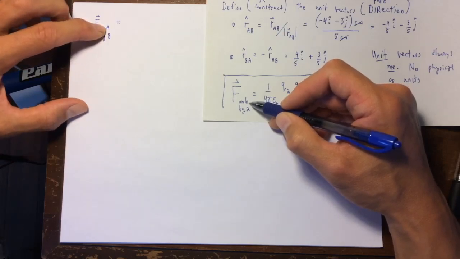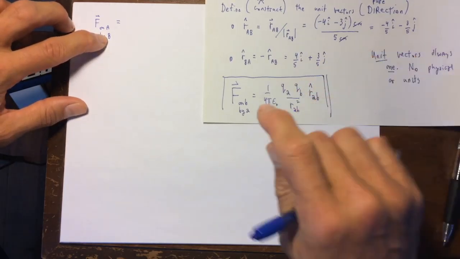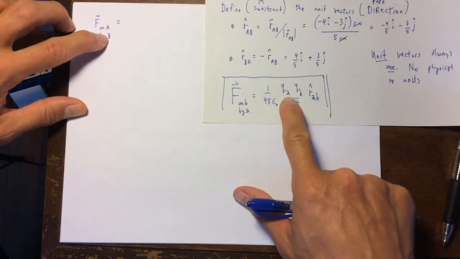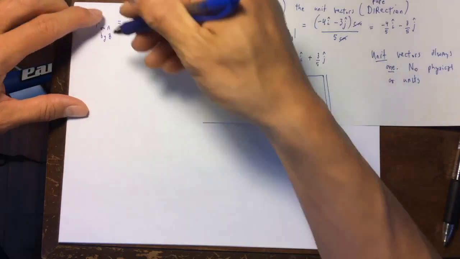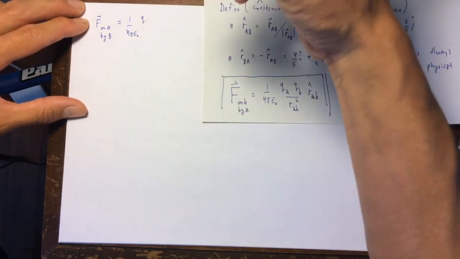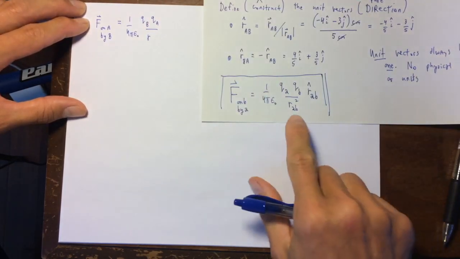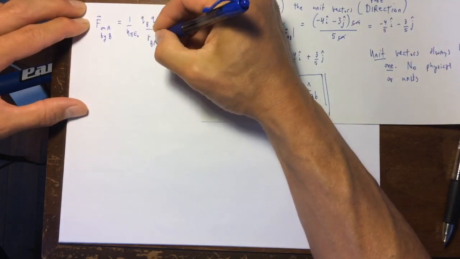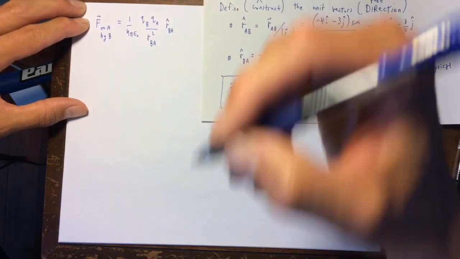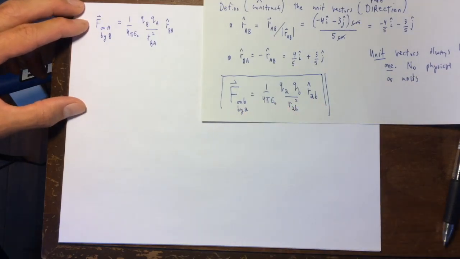It now is a capital A. And the second letter is a lowercase a, but it's now a capital B. So I need to go through this formula and switch lowercase a to capital B and lowercase b to capital A. So this is 1 over 4 pi epsilon naught, Q_B Q_A divided by R_BA, and then multiplied by the unit vector from B to A. So I had to switch A and B everywhere and capitalize.